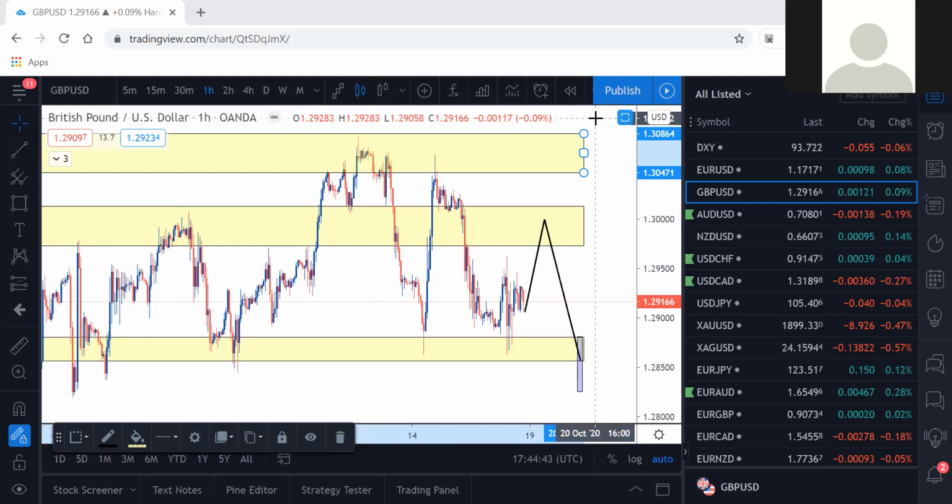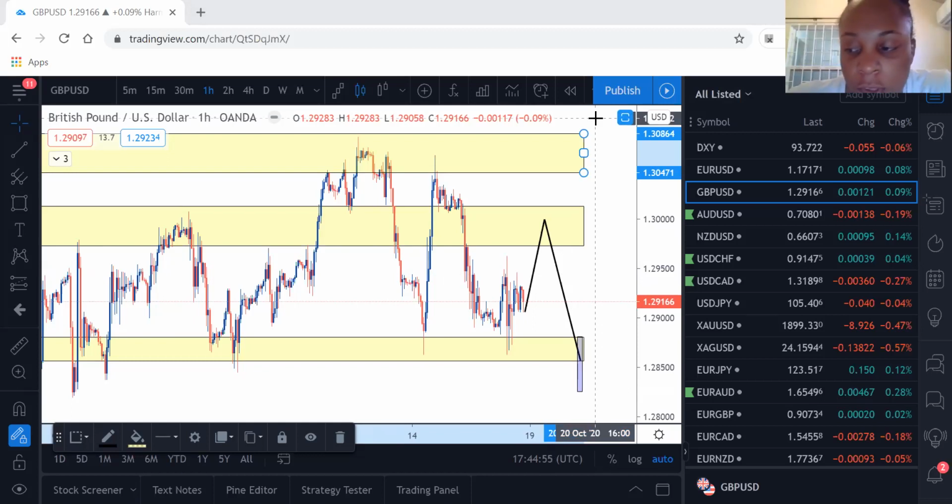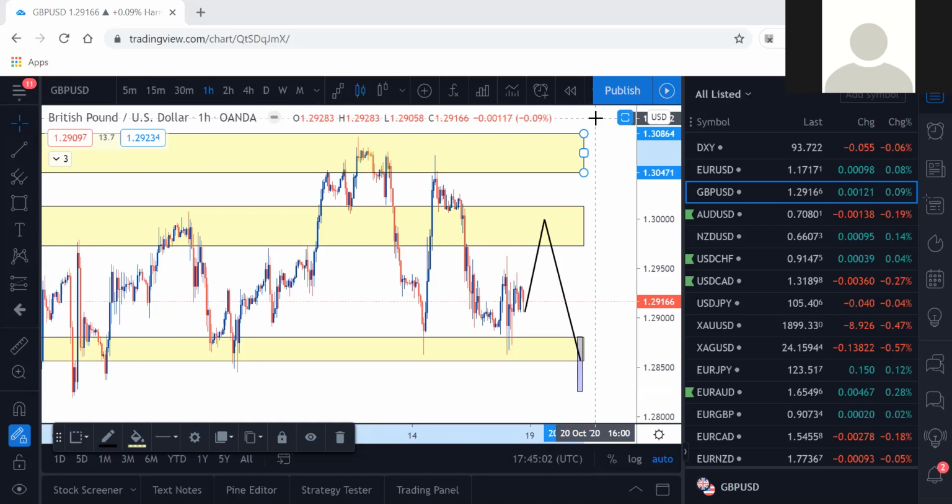Yeah, I am seeing how understanding the zones is so important. Yeah, very important. That's why we started off with that. And yeah, it's better to wait for that point of interest than to jump in a trade and then it's going all over the place.